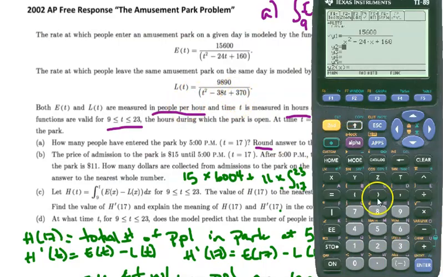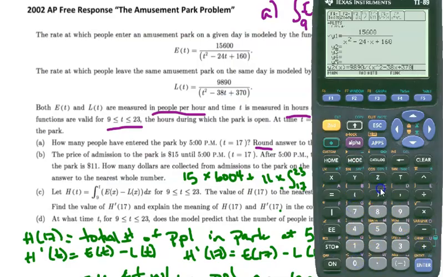Then I'm going to type in my L function, so 9890 divided by, and again, change your t values to x, x squared minus 38x plus 370.